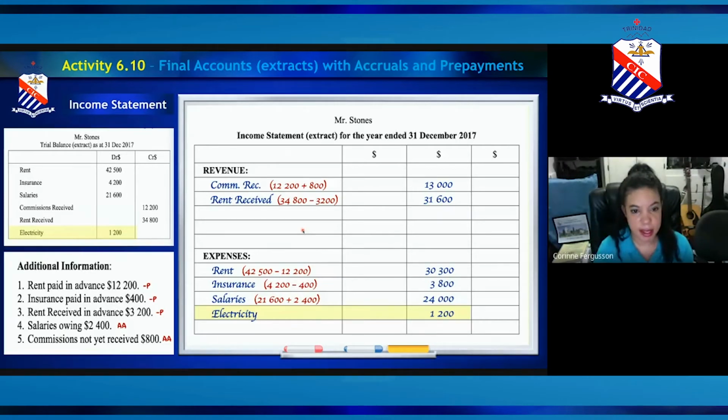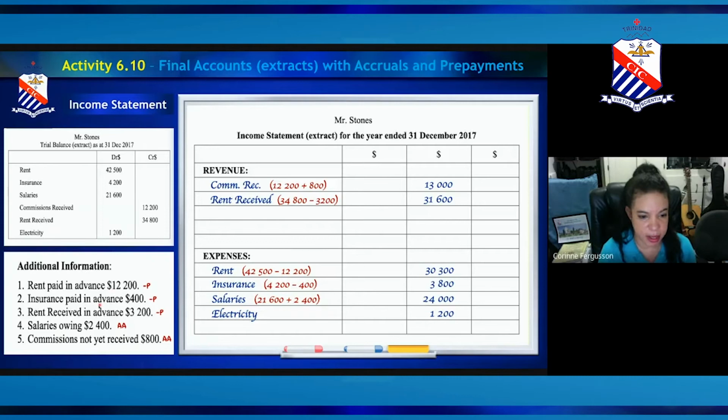And that's it. That's basically the process. Trial balance, your expenses and your revenue. Check your notes. If it's an accrual, you add it. If it's a prepayment, you less it. And then you go and you put it, show your working, and the answer goes in the middle column. And that is what is repeated over and over again once you just get your little process.